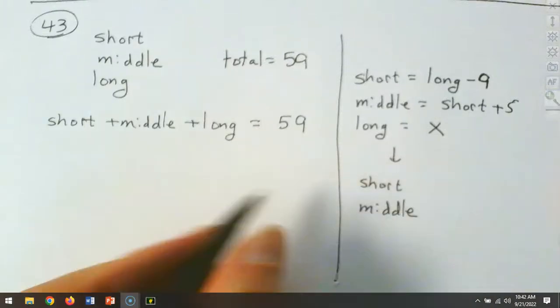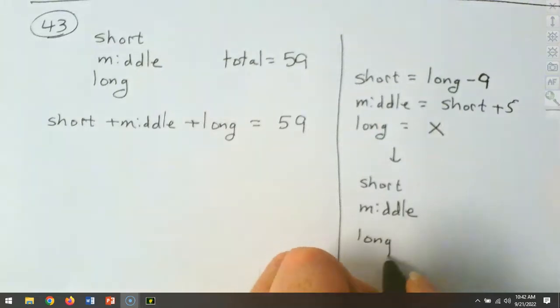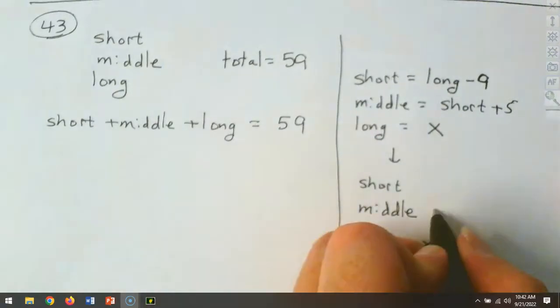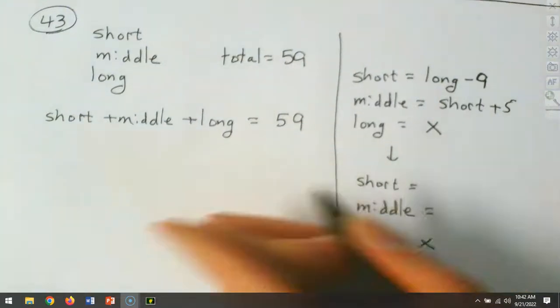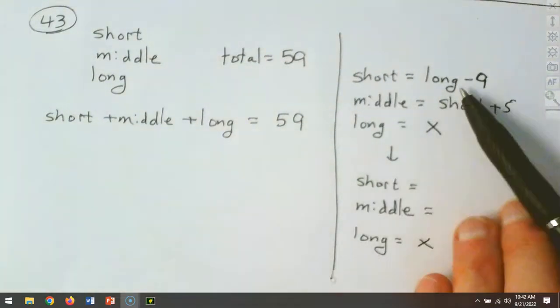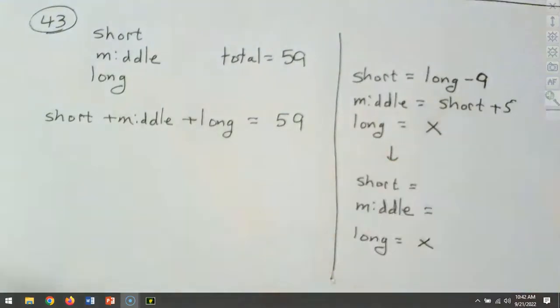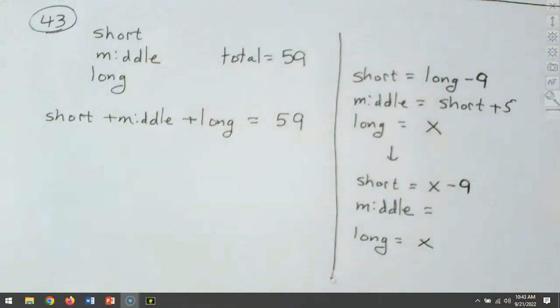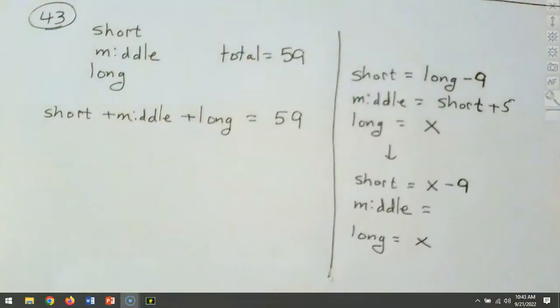And we'll just do these one at a time. Now we know the longest side is x, so that doesn't change at all. Let's go up to the short side. What's the short side? Long minus 9, so that's going to be x minus 9, right? And what about the middle side? Okay, this is where we have to be careful.